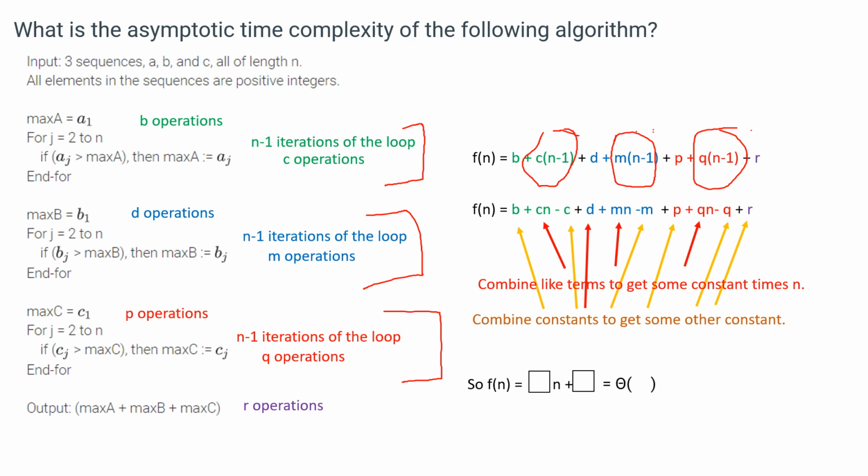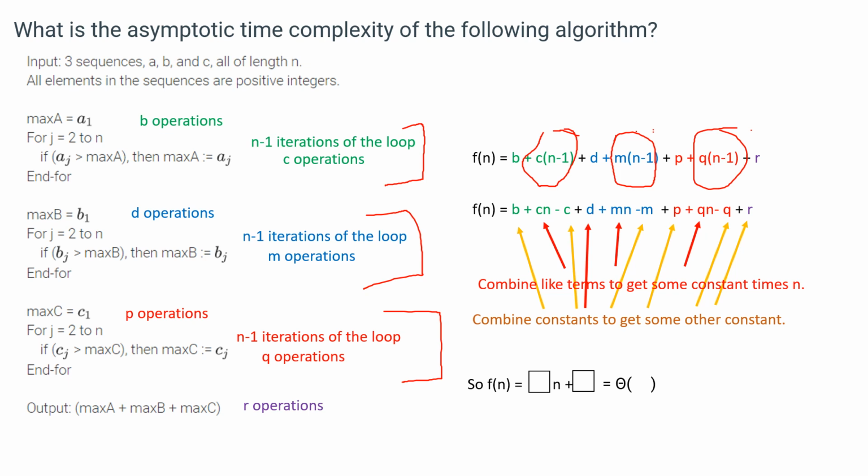I'm not even going to try to say what that is. For the constant for that second box, it would just be B minus C plus D minus M plus P minus Q plus R, right? Those are all the constants. Put all those together, that would go in that second box. But I'm not even going to write that out. We just know that's a constant. So I just put empty boxes, but imagine that there's constants in there.